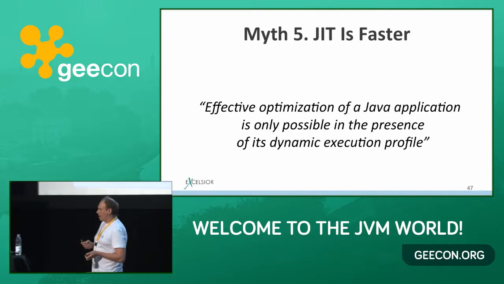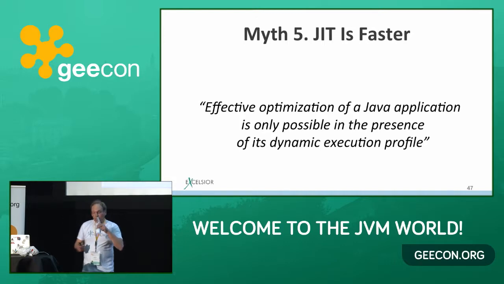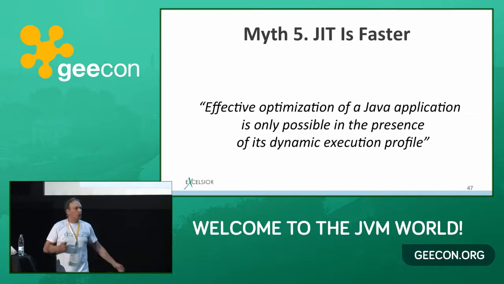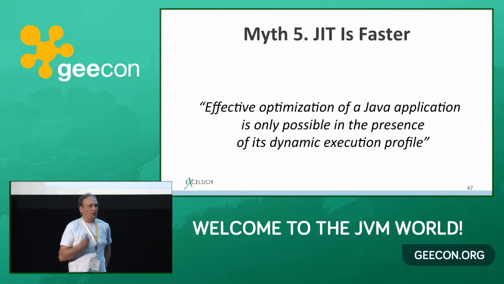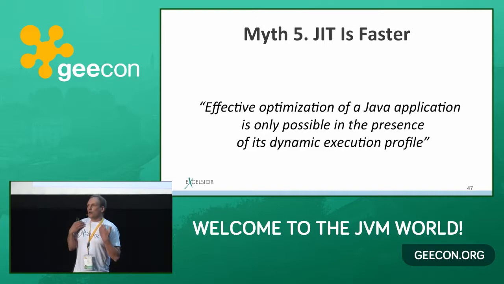But I would like to bust it anyway. If we are talking about performance, we are talking about code optimizations. It is not enough to just compile your application to native code. To make your application perform fast, your code should be passed through numerous optimizing transformations.